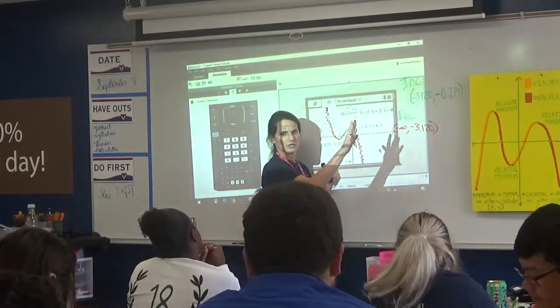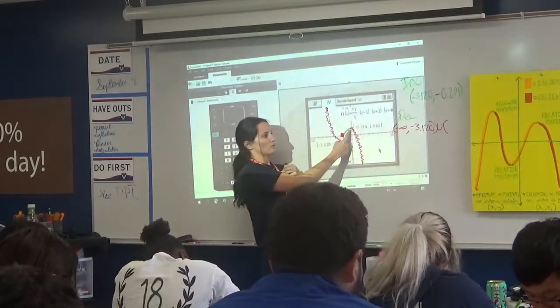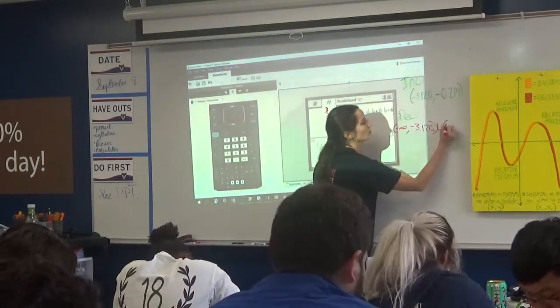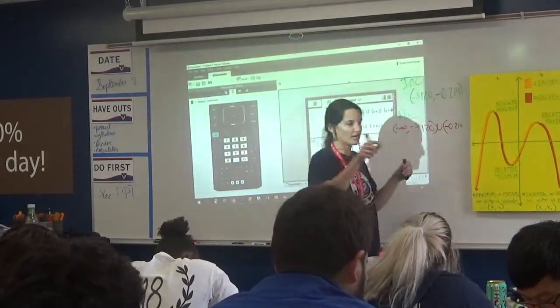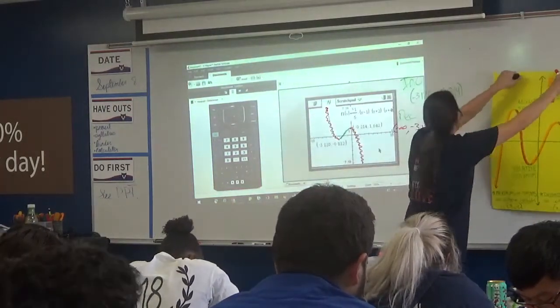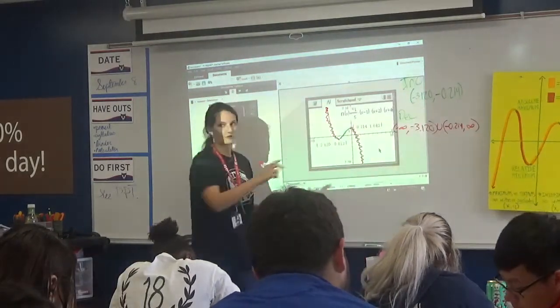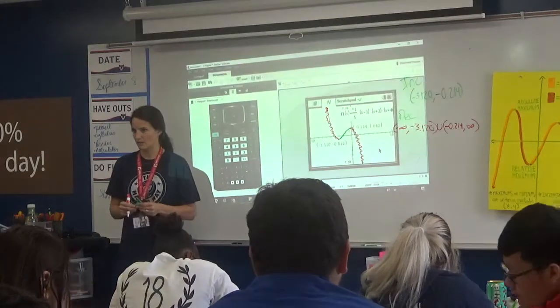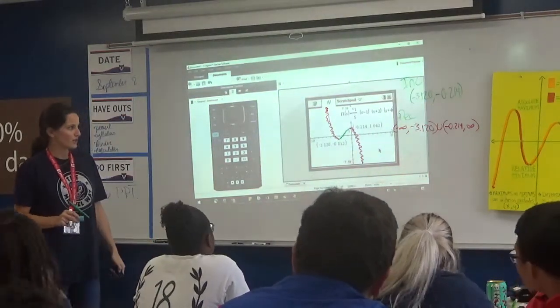Questions so far? We're good? Union, negative 3.12. You got it? Negative 0.214, comma, positive infinity, because then the rest of the graph to infinity goes that way. Cool? Alright, so that's where it's decreasing.